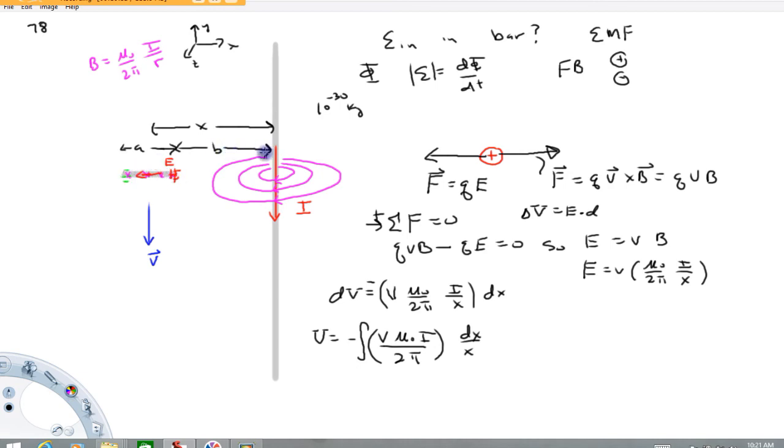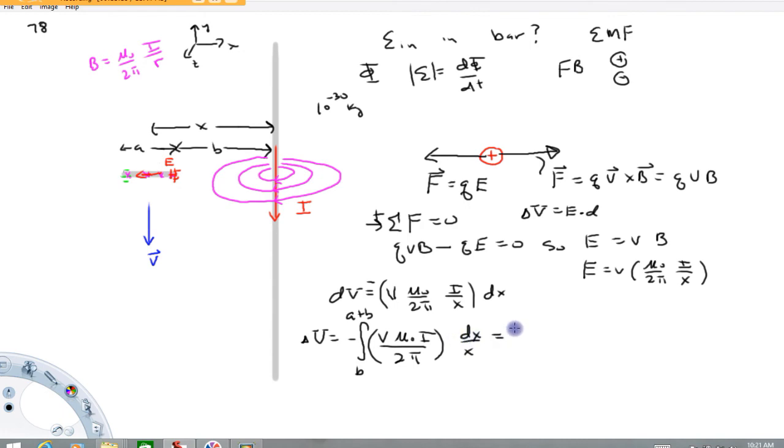So that's going to be starting at b and then integrating to a value a plus b. So this expression now is going to give us the potential difference, I should put a delta V here, between the right and left hand side of the bar. The minus sign is because if I integrate from right to left, the potential differences are negative.